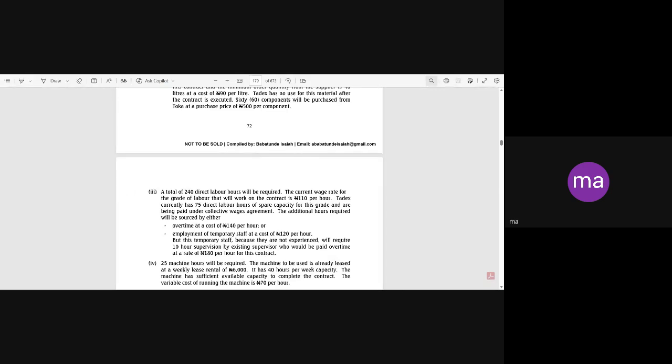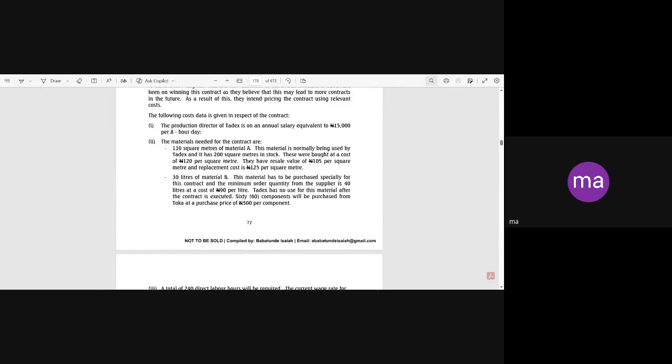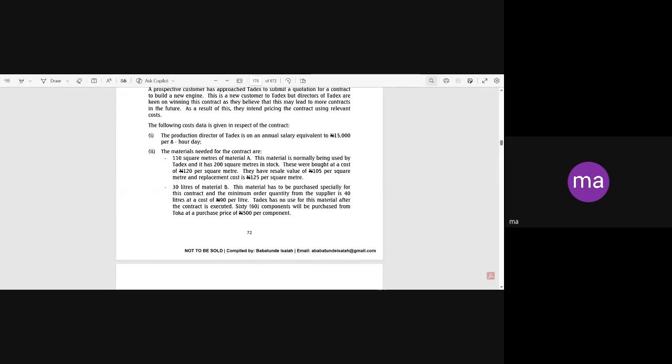So we have to use the replacement cost for that 110. Okay. We will take it from the stock of 200. We take the 110 from there, and at the cost of 125, that is the replacement cost.